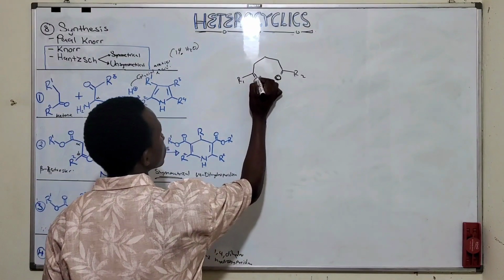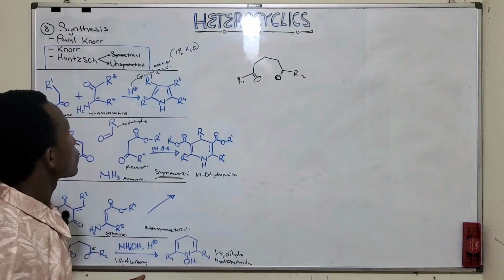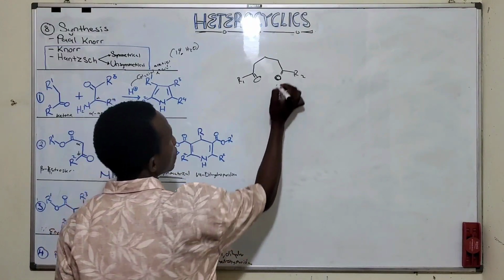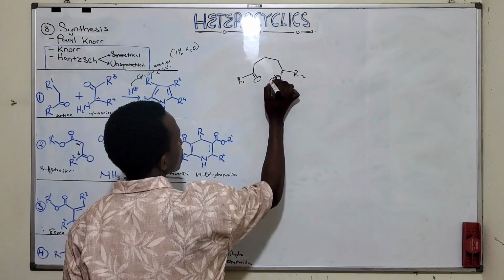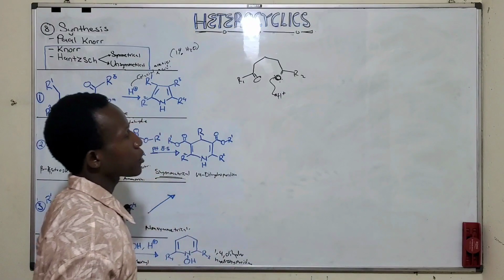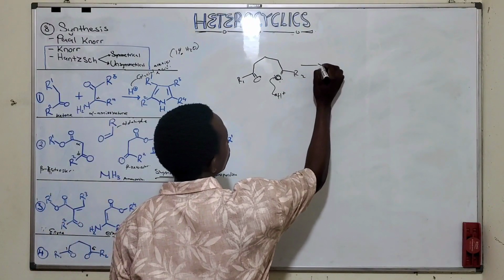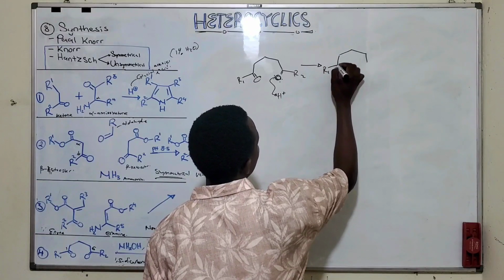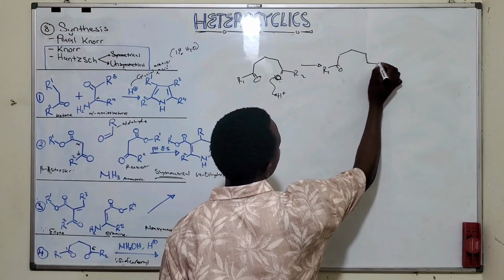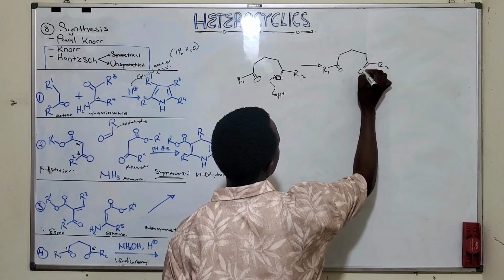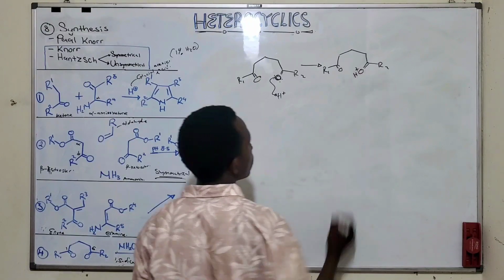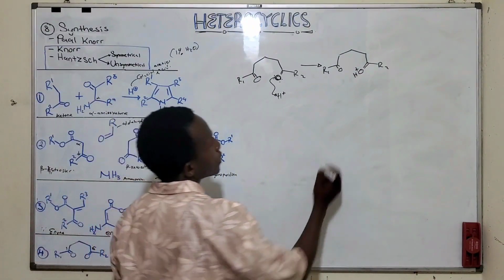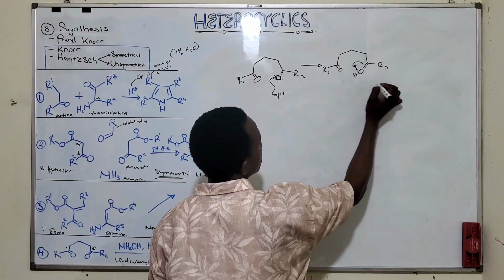So as in the pyridine, same principles we are using. We have a proton. This one attacks a proton. So we shall form R1, R2. This is with H, it's now positively charged. So as it stabilizes, it creates a carbocation.